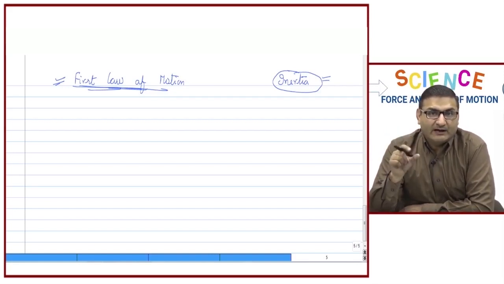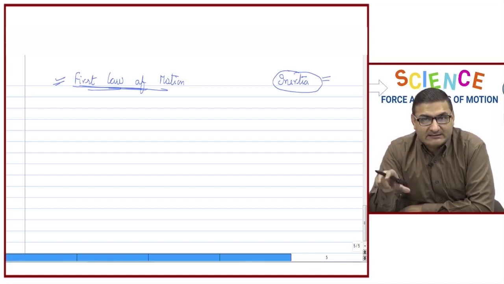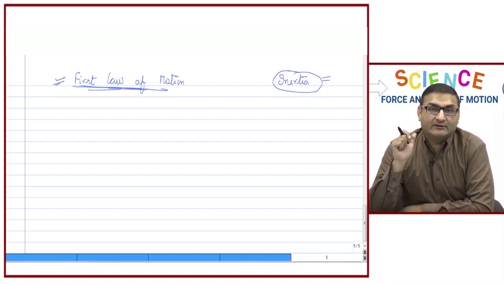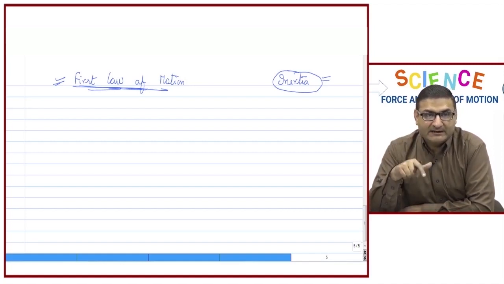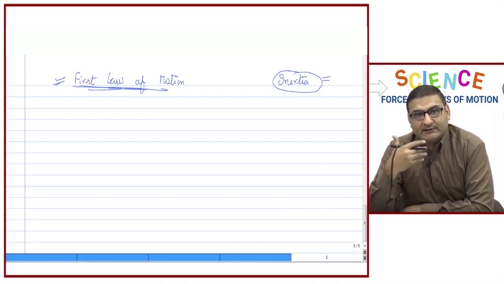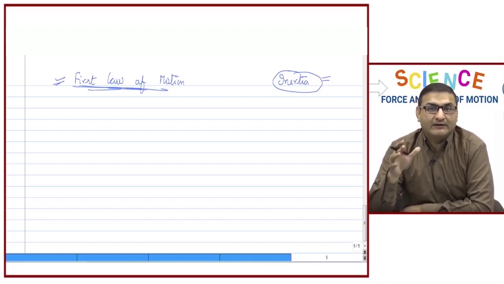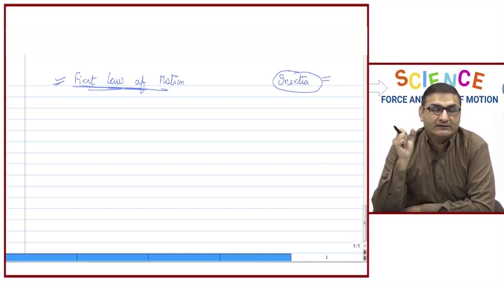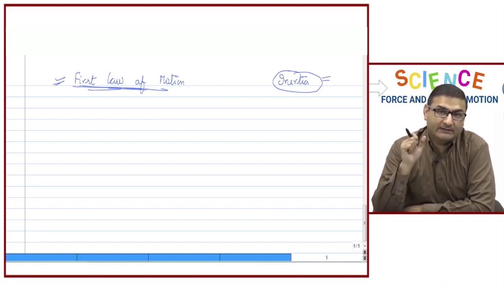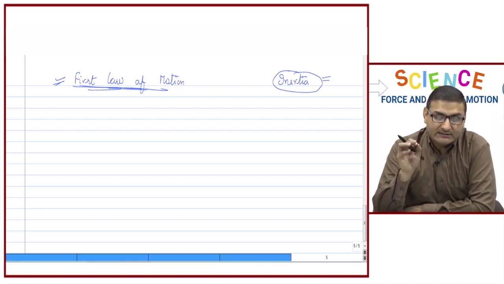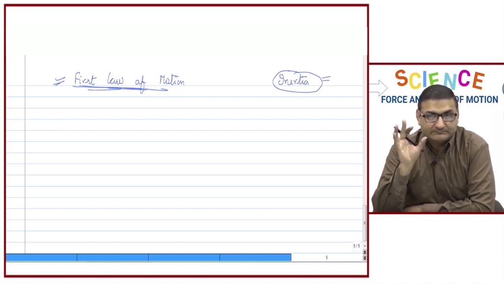Fine. So, if a body is in a state of rest, it will remain in that state of rest unless somebody applies some external force and moves it. Similarly, if a body is in a state of motion, it is always going to be in that state of motion unless some external force is applied on it. This is Newton's first law of motion.